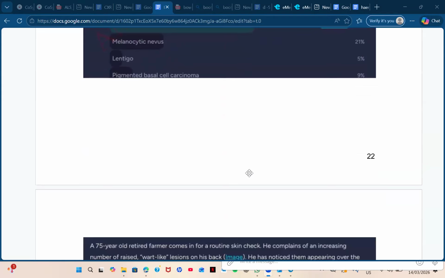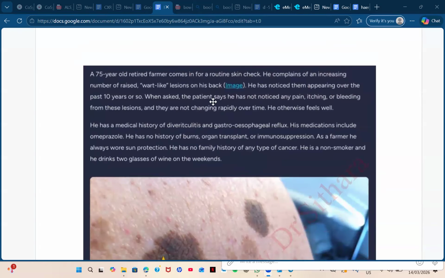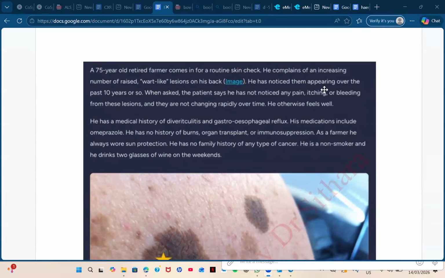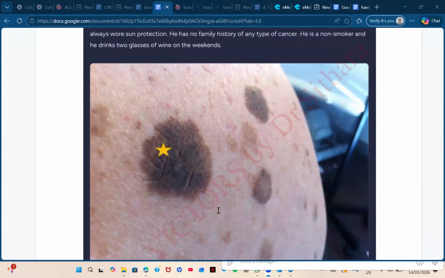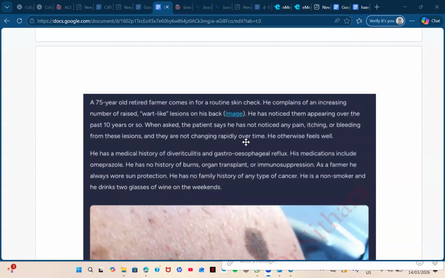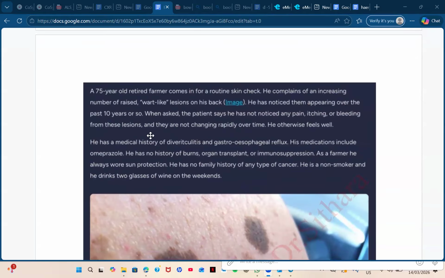Next one: a 75-year-old retired farmer comes for a routine skin check and complains of an increased number of raised wart-like lesions on his back. He has noticed them appearing over the past 10 years or so.